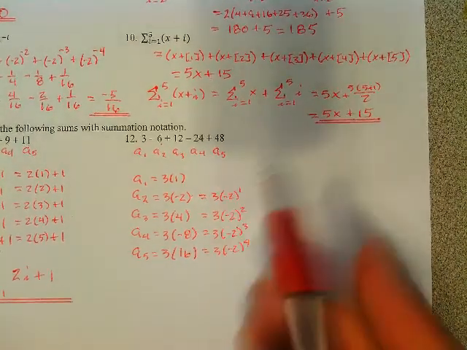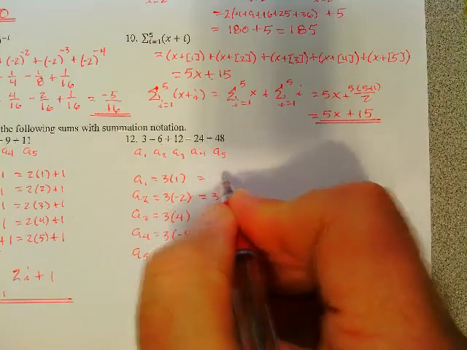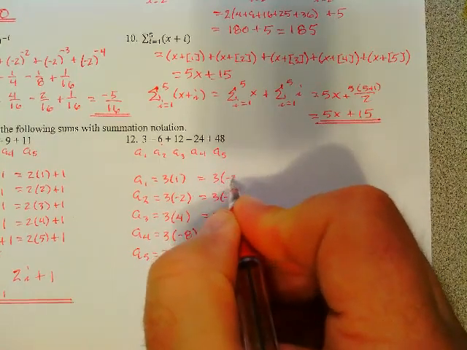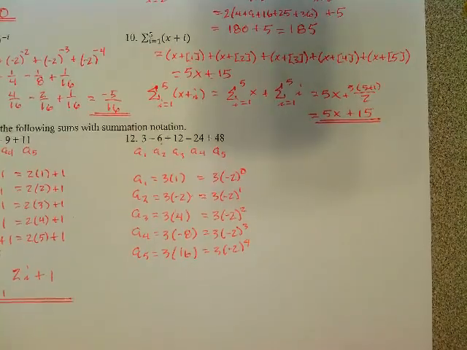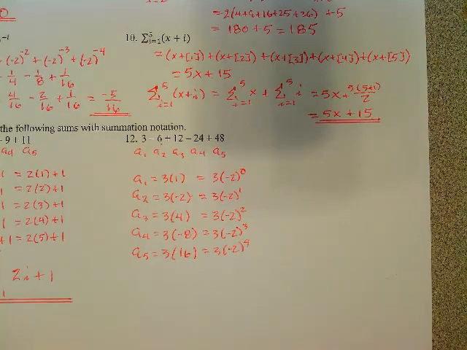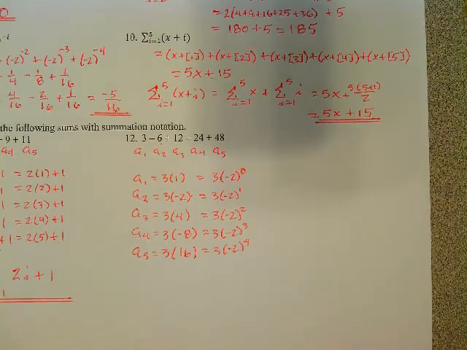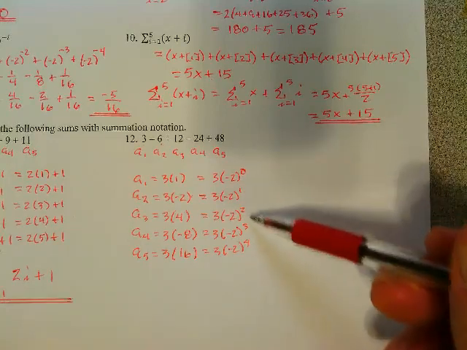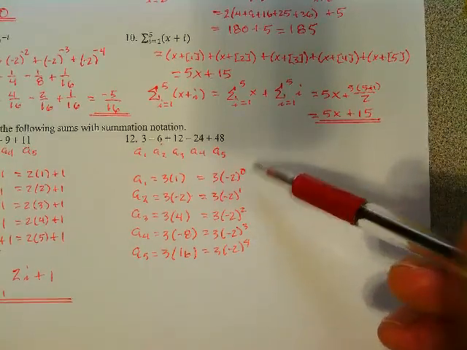All right, so what about this one? Well, don't forget, anything to the 0 power is a 1. So, 1, 2, 3, 4, but we started at 0.